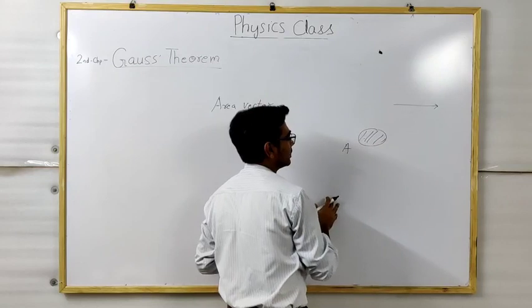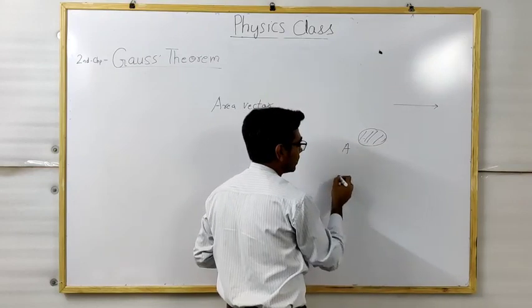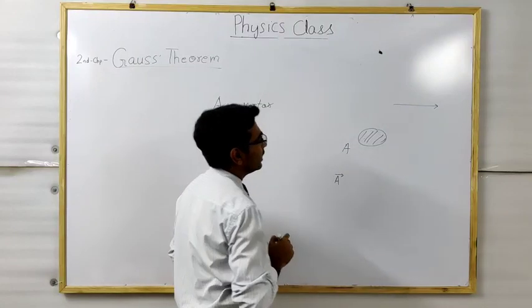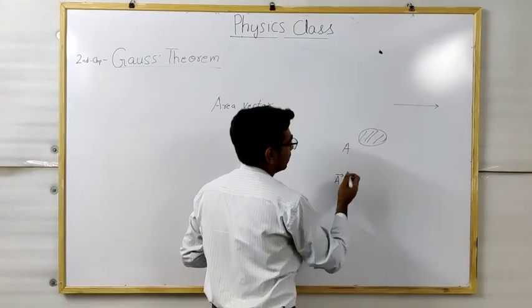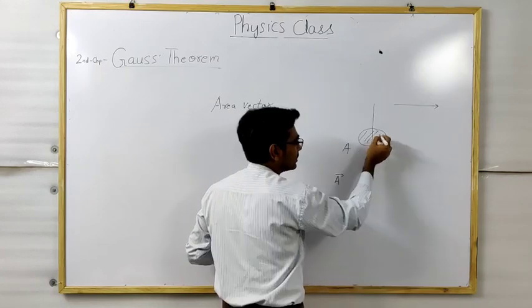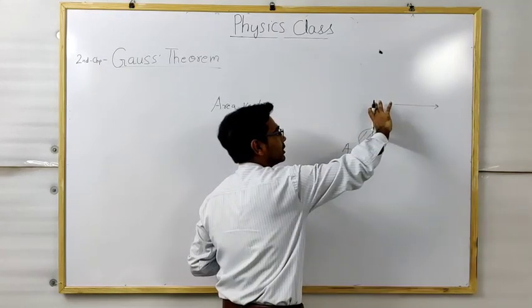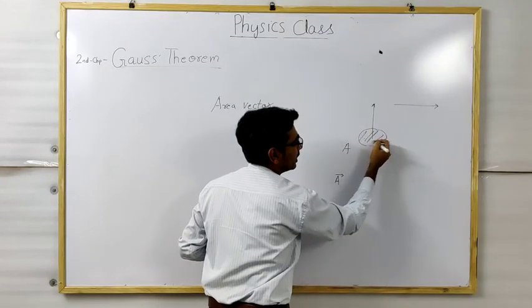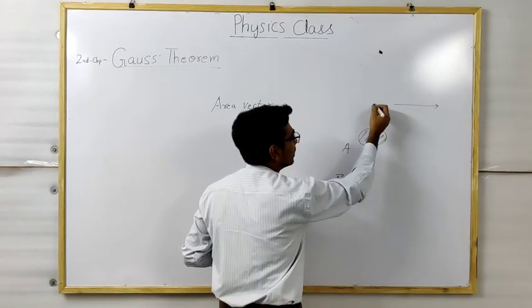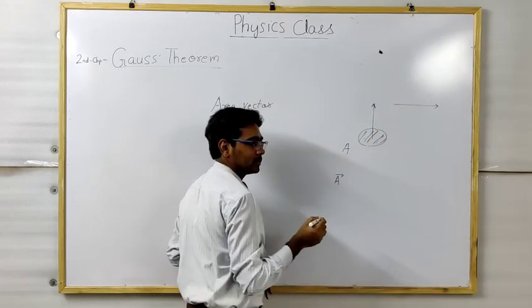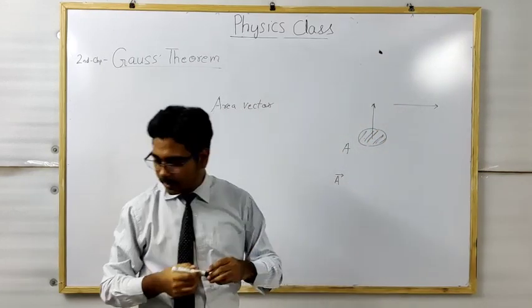So the area vector is written as A vector, like this. The area can be represented by this line. The length of this line will be equal to this area, and the direction will be perpendicular to the area.